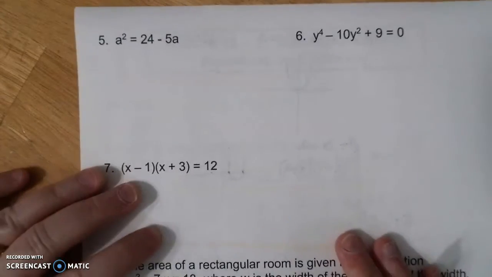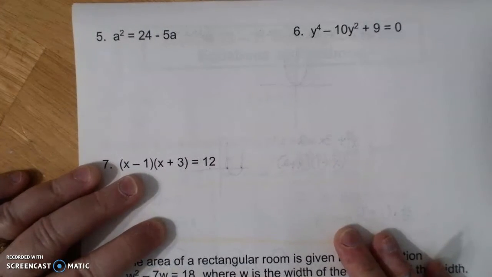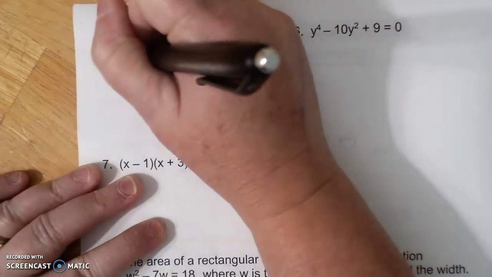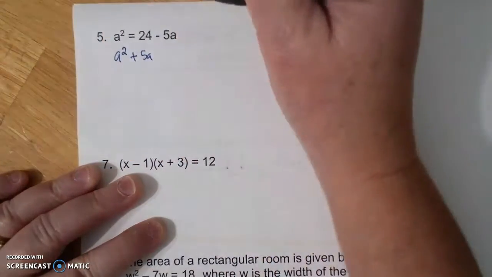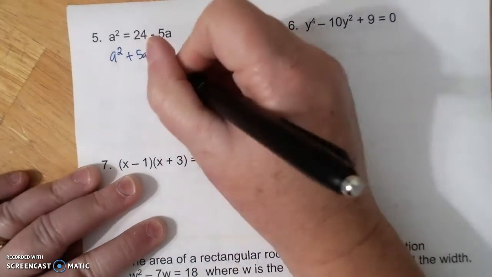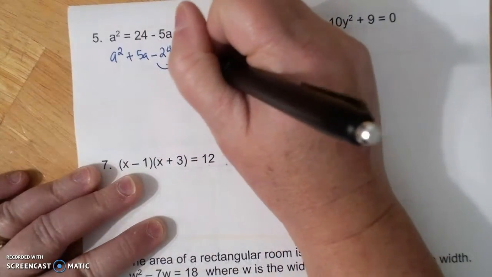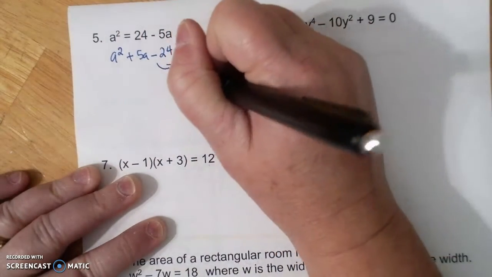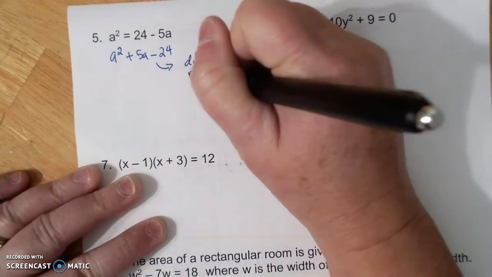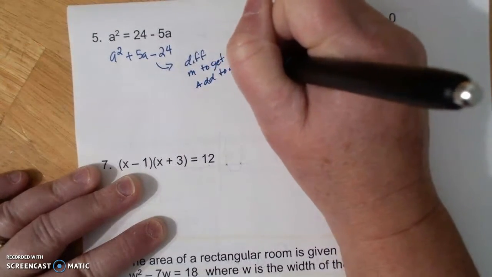Here we go. Number 5. Right off the bat, it is not set equal to 0, so I am going to have to set it equal to 0. A squared plus 5a minus 24. Signs are different. I multiply to get 24 and add to get positive 5.